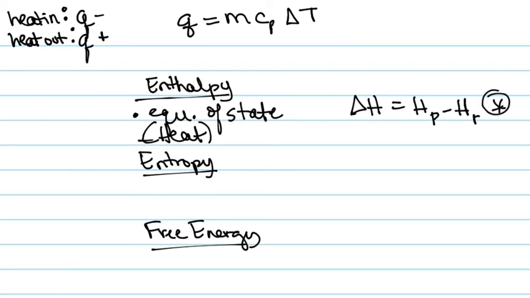I'm going to put a star there. We'll say what that star is for here in a minute. And if you are talking about an exothermic reaction, enthalpy is negative. An endothermic reaction, enthalpy is positive. We didn't talk about isothermic reactions, but if it was, then enthalpy would be equal to 0.